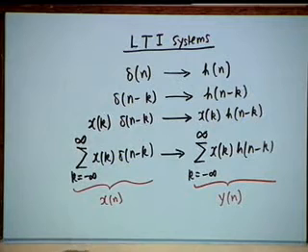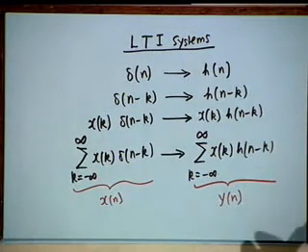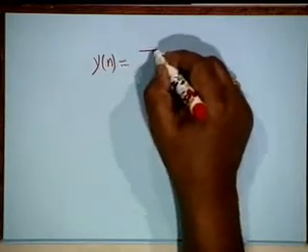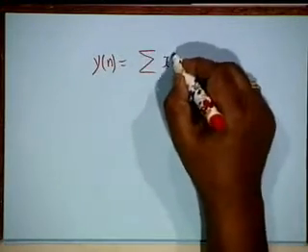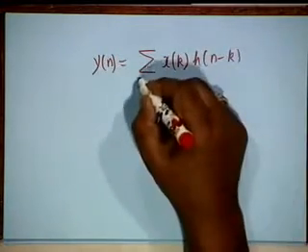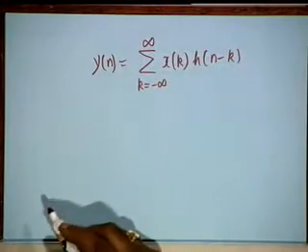which is the famous convolution theorem. That is, for an LTI system, the output y of n is equal to summation x of k h of n minus k, k going from minus infinity to plus infinity.